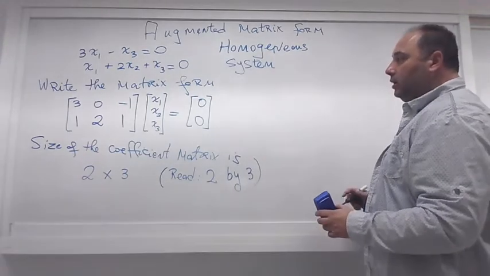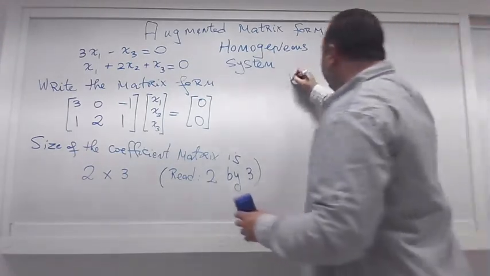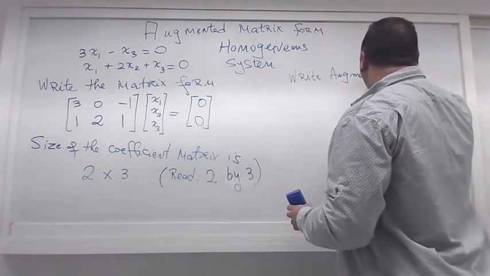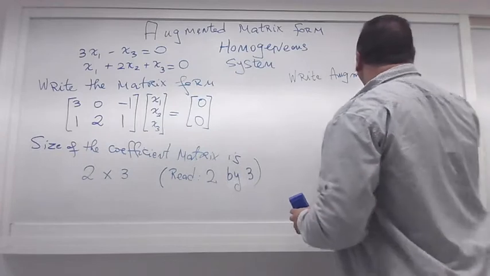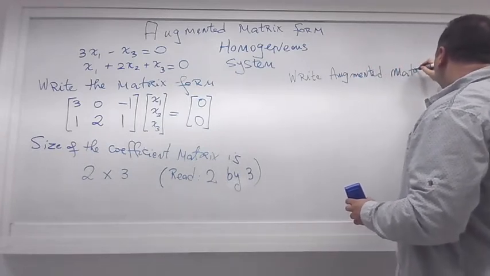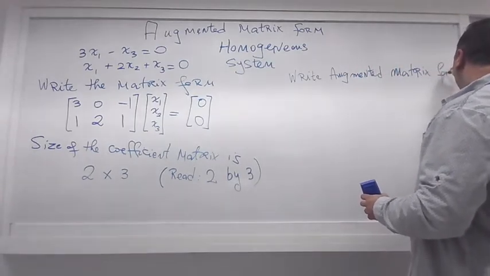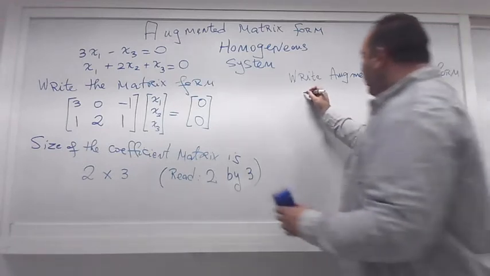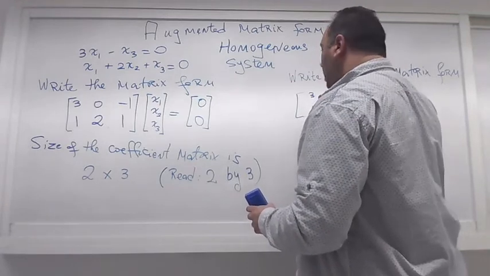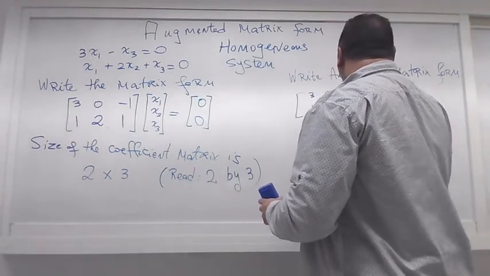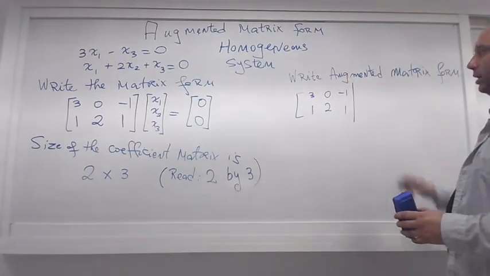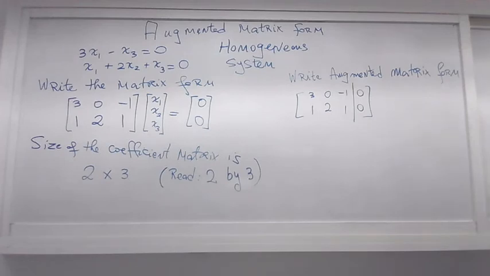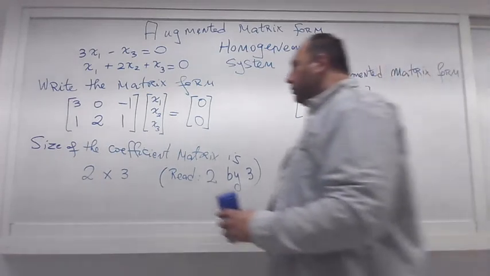So let's now write the augmented matrix form. That's not complicated. All I need to do is copy my coefficient matrix: 3, 0, minus 1, 1, 2, 1. And then put the bar, and then put 0, 0 on the other side. Ta-da! Finished. Very nice.